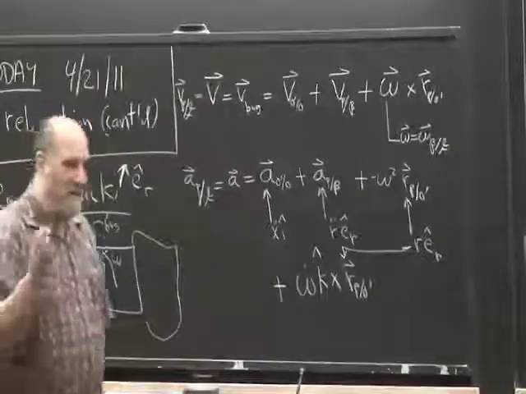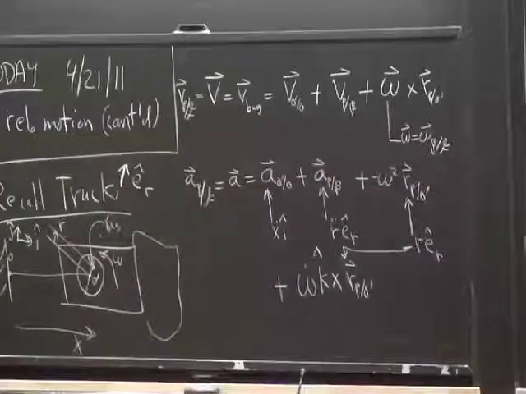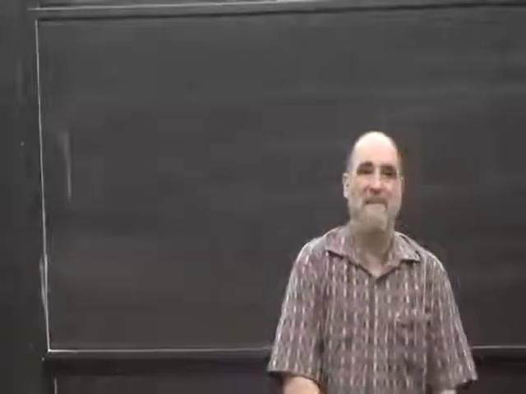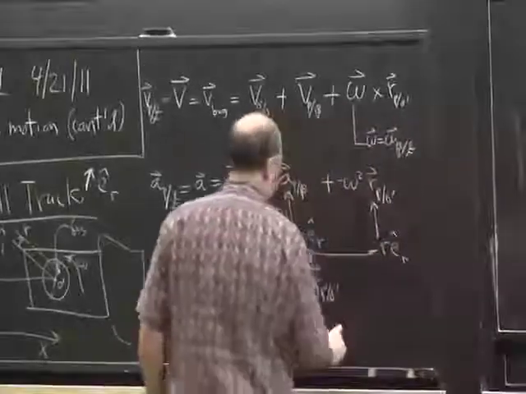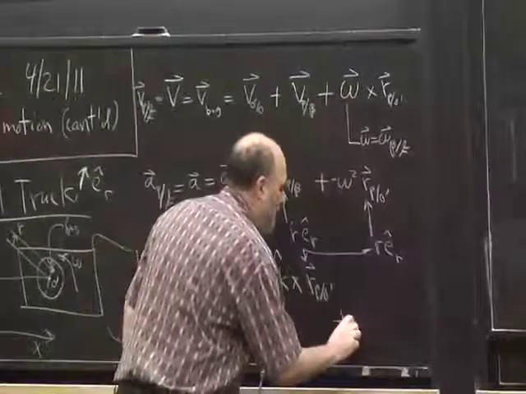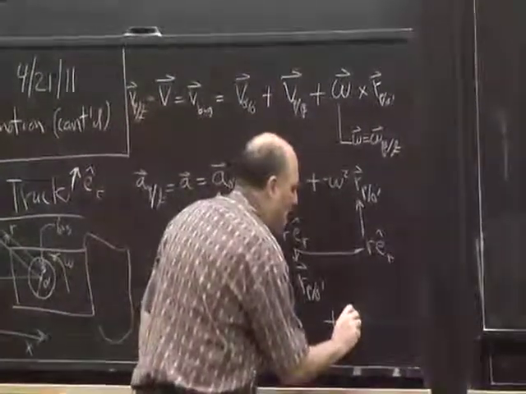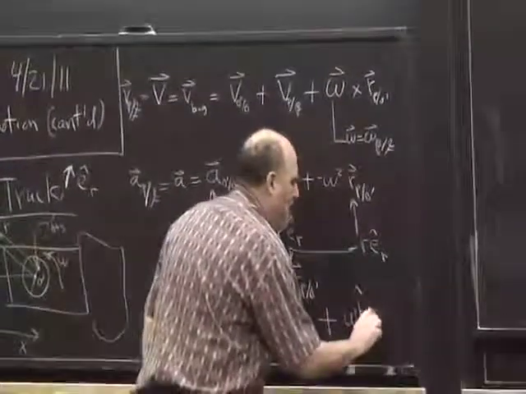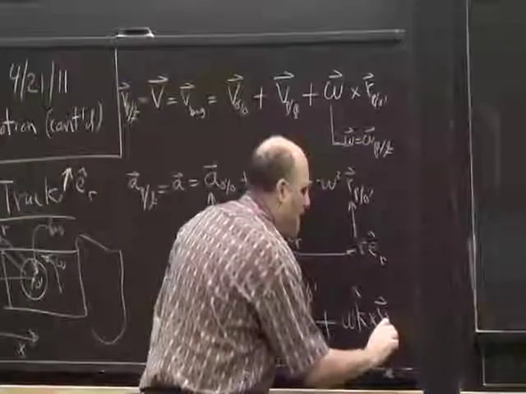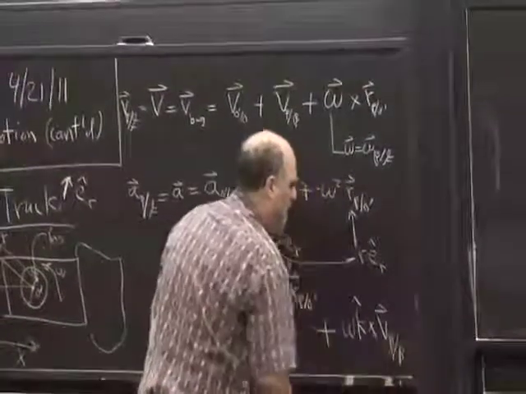Okay. Now, that's as far as you can go with your easy intuition. So all these effects add, plus one more effect, which is intuitively not so obvious, but I will try and show you a little bit of the intuition of it, which is this one extra term, which is omega, or omega k, crossed with the velocity of the bug relative to the moving frame.